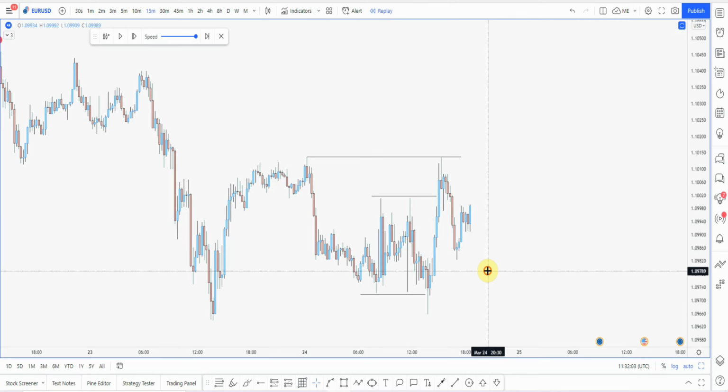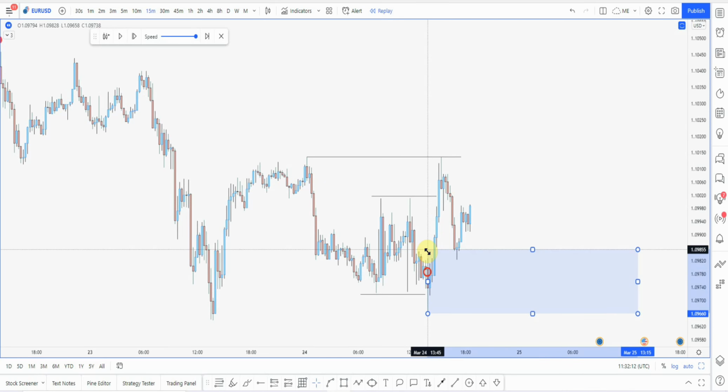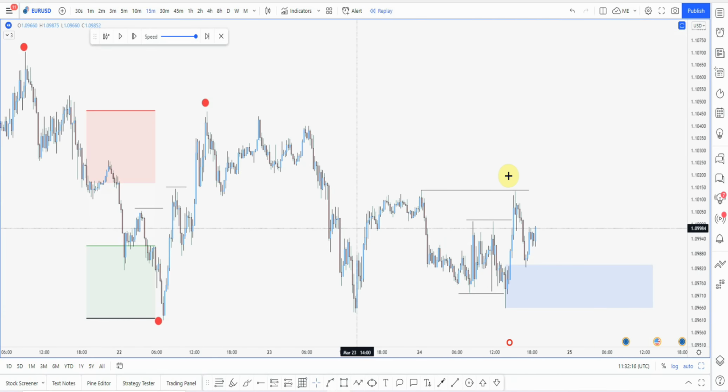This is a point of interest, this order block. Okay, this is typically smart money concept. The market builds liquidity, sweeps liquidity, breaks structure, leaves equal highs, and this kind of smart money concept does work.